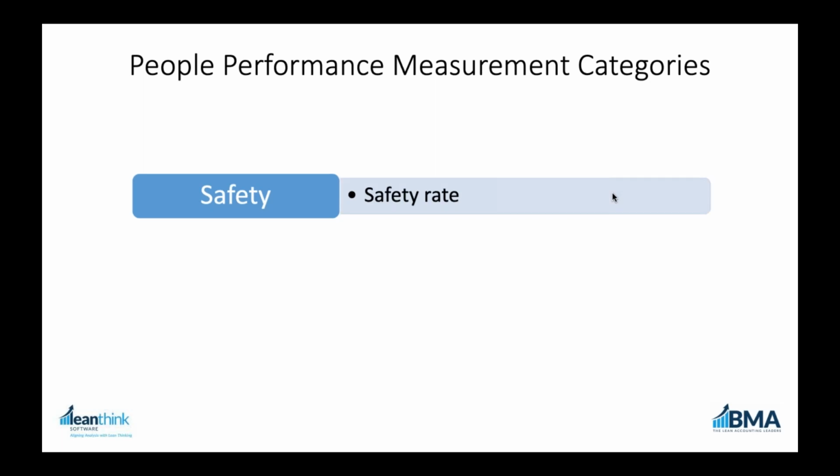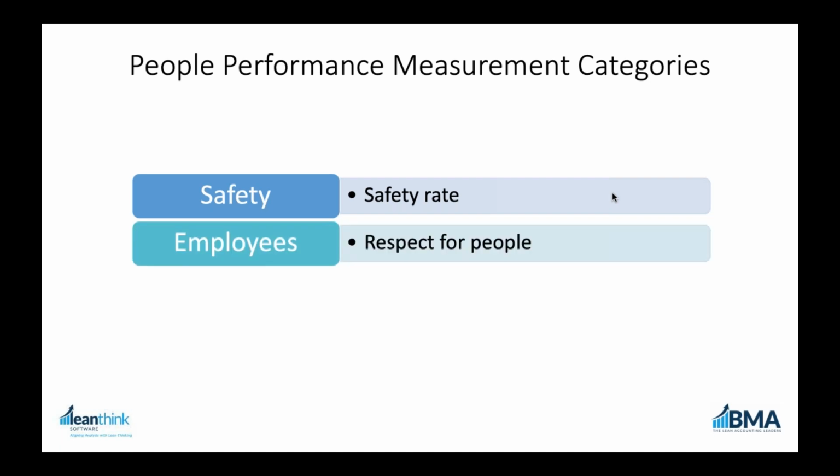Now, in most manufacturing organizations, this is very, very common, and it's also very common in healthcare. We want to measure how well we are performing in terms of respecting our people. We want to develop people in terms of their skills. We want them to enjoy coming to work.